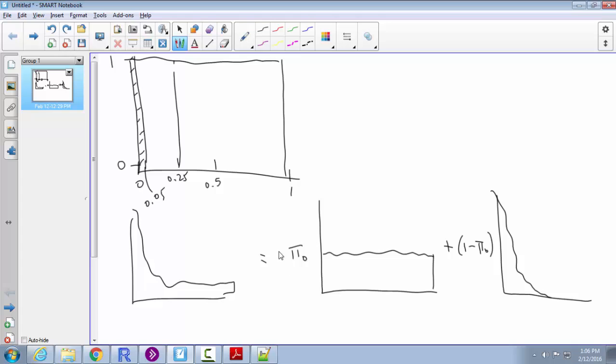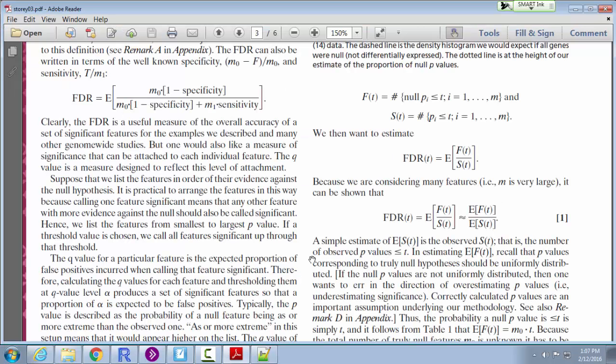So if we could estimate pi 0, if you could look at this picture and say, what's an estimate of the proportion of the two contributors? They have to add together to integrate to one. It has to be like a probability. So it can be done. We can estimate this quantity, which means I have an estimate. I can plug that in to get an estimate of the false discovery rate. So here's where we are. I want to estimate the FDR for a given thresholding rule. To do that, I need to estimate this numerator.